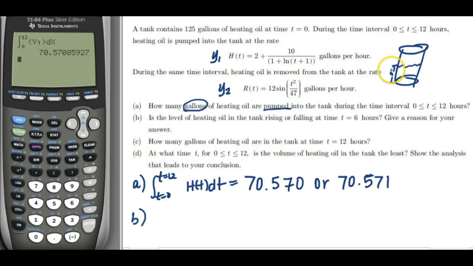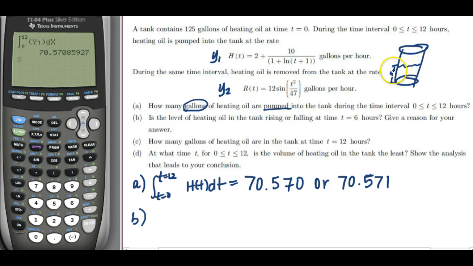We want to know if more oil is coming in than is going out. If more oil is coming in at 6 hours than is coming out right at 6 hours, then the level of the oil would be rising.